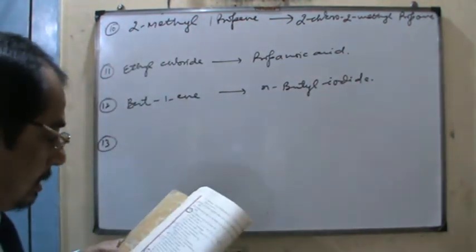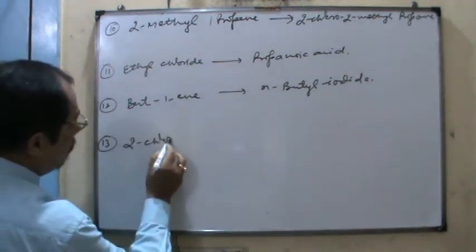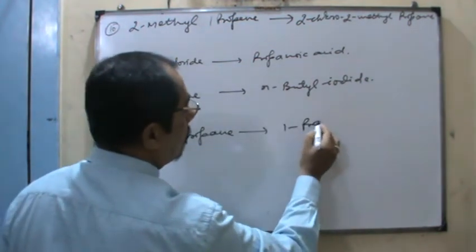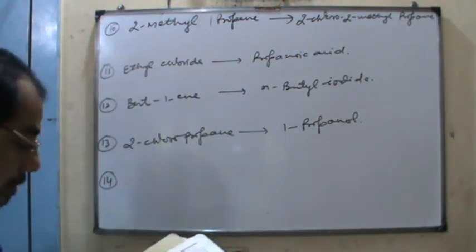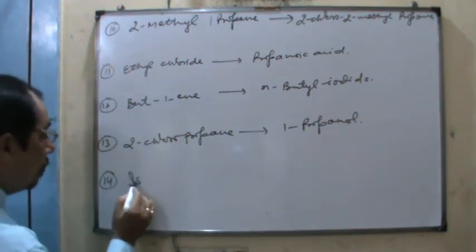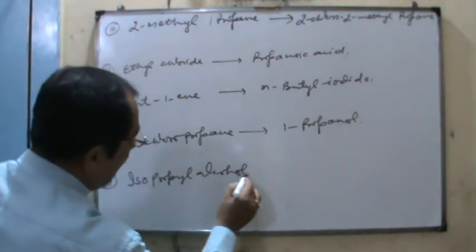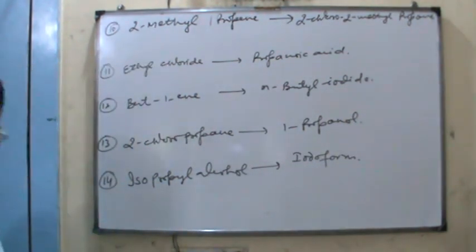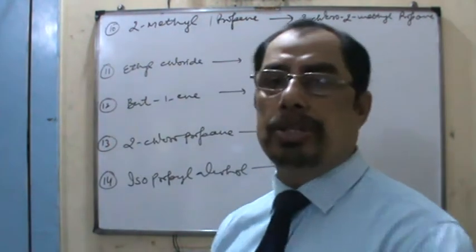Question number 13 is 2-chloropropane to 1-propanol. And question number 14 is isopropyl alcohol to iodoform. Dear students, I have written the questions and you can try them yourself.